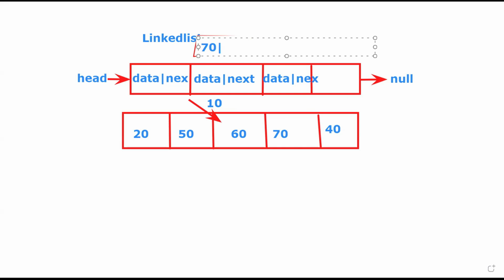So the second part is the pointer to the next element, so I'll say next. Now what will happen in this case? We can easily insert it here. Now simply this will point to this, that this is the next value, and this will point to this data. And this of course next is pointing here and so on.